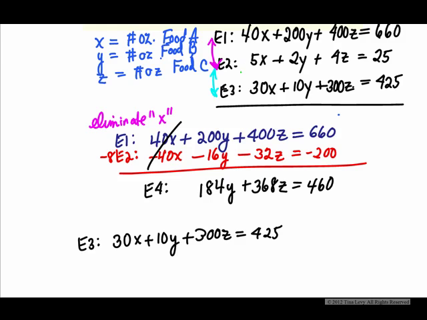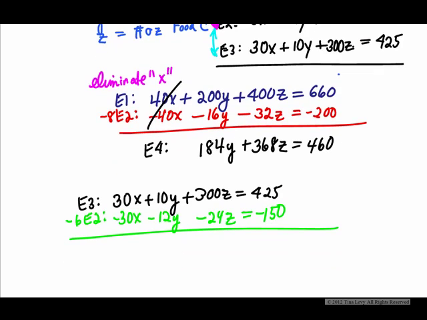Now I multiply equation 2 by negative 6. Negative 6 times 5, negative 30x, negative 6 times 2, negative 12y, negative 6 times 4, negative 24z, negative 6 times 25 is negative 150.